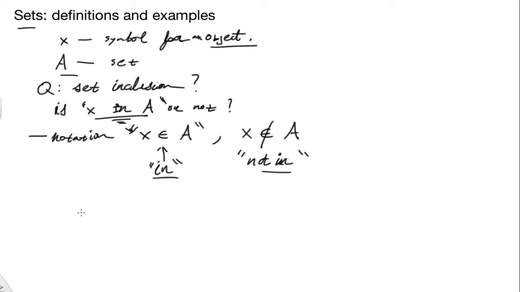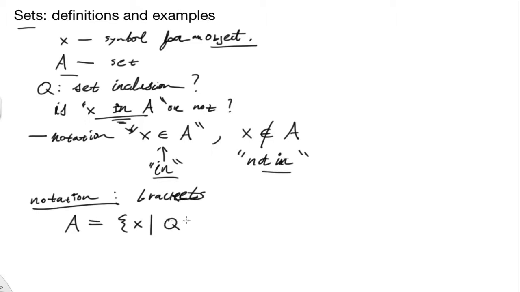Okay, so some more notation, and that is brackets. The idea is we can say X is equal to essentially a set of objects X, and then I put that vertical bar here, and I put Q of X like that.